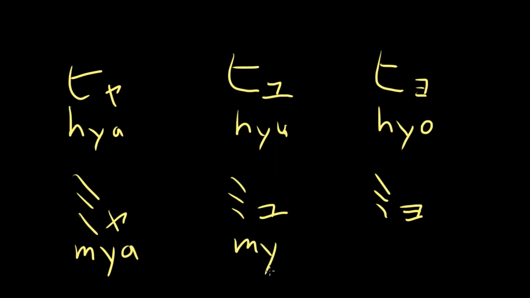Mya, myu, myo. You may remember that the he row can be modified with ten-ten and maru. So if we do the ten-ten, we'll get, let's do that again.